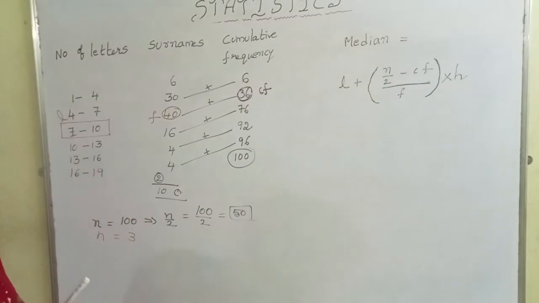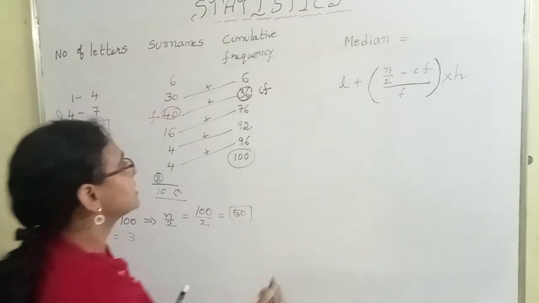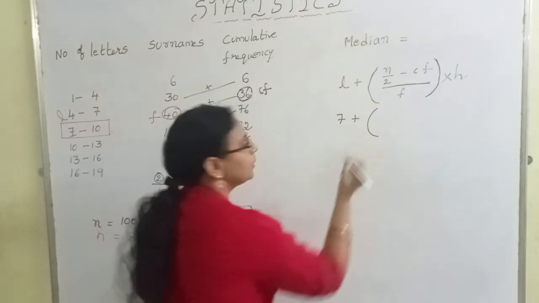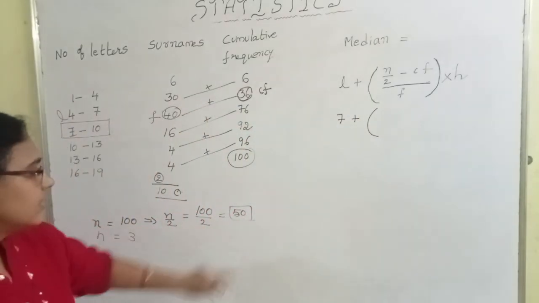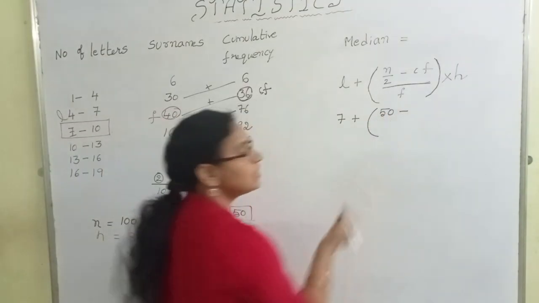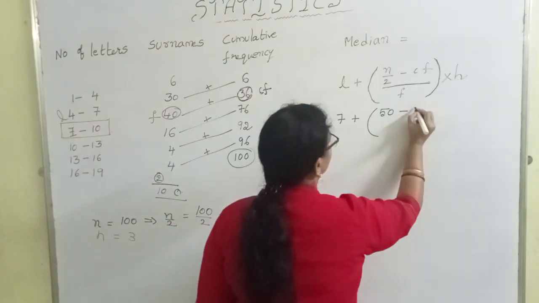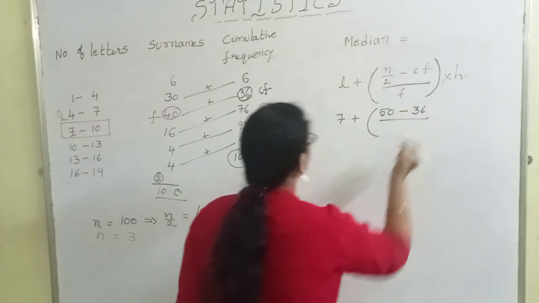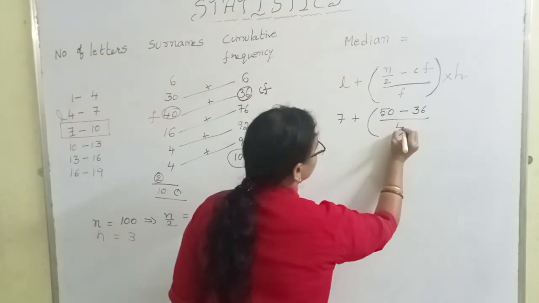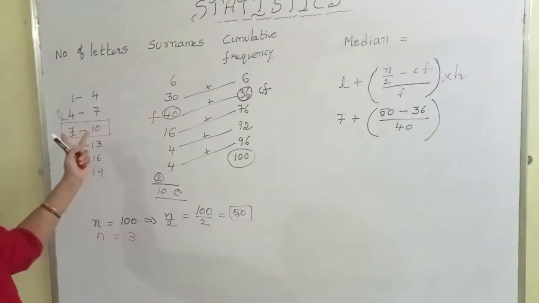Everything we got, we just have to substitute in the formula. L means 7, plus n by 2 means just now we did, that is 50, minus CF means 36, just here we wrote, by F means that is 40, into h. h means the difference between class intervals.